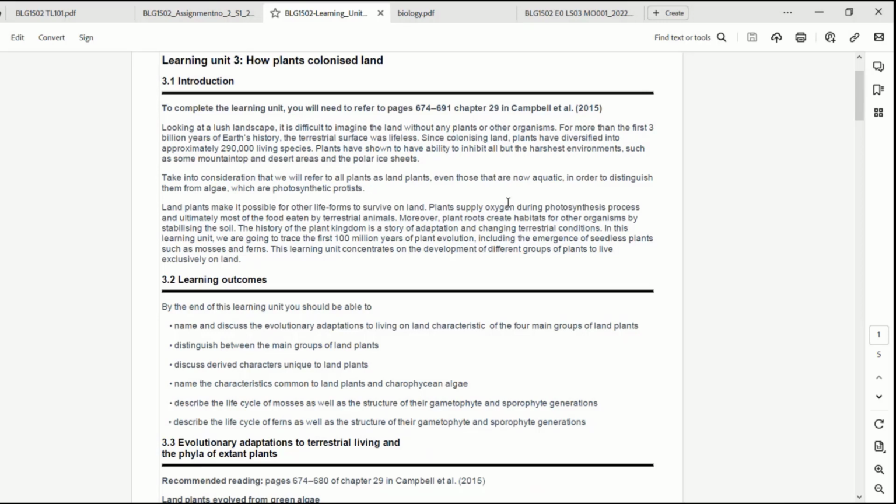Looking at a lush landscape, it is difficult to imagine the Earth without any plants and other organisms, as it was for the first 3 billion years of Earth history. The terrestrial surface was lifeless.